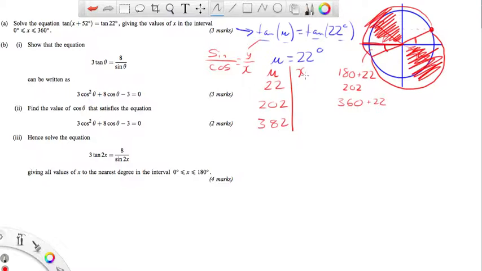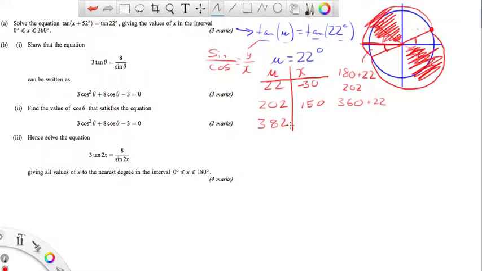However, we want to find the value for x, and this is where this x plus 52 comes into play, because u is equal to x plus 52. So in order to get to x, we need to subtract 52. So that's going to give us negative 30. That's going to give us 150.